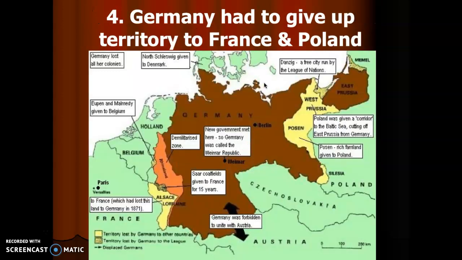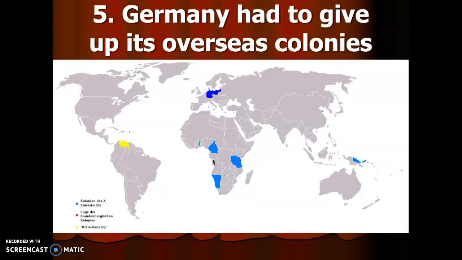The fourth thing, Germany had to give up territory to France and Poland. So all of this land that they had conquered, all of this land that they had received, they have to give it up. And you're going to start seeing new countries come about because of this. So Germany is reduced in military, reduced financially. They're going to be reduced in land by giving back land to France and Poland.